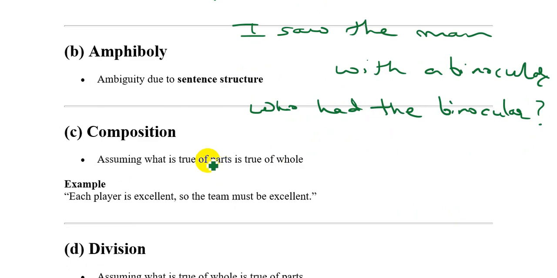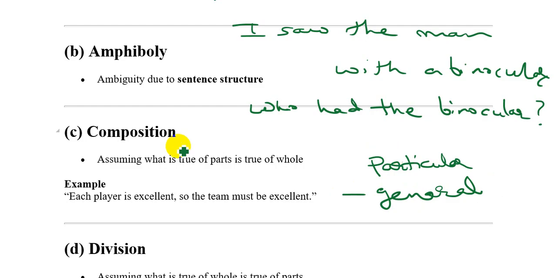Then we have fallacy of composition. In this we go from the parts to the whole, from particular to general, assuming what is true of the parts is true of the whole.